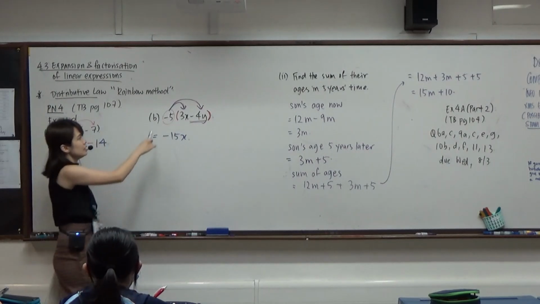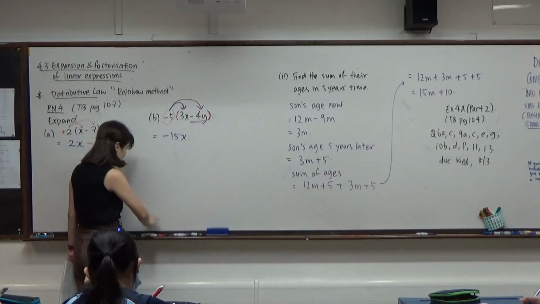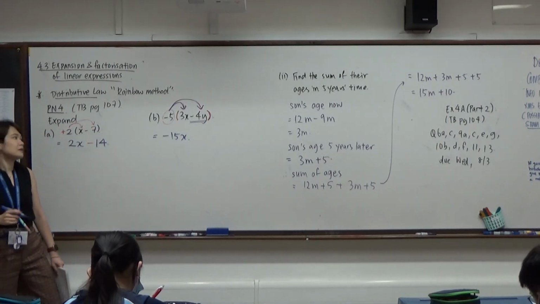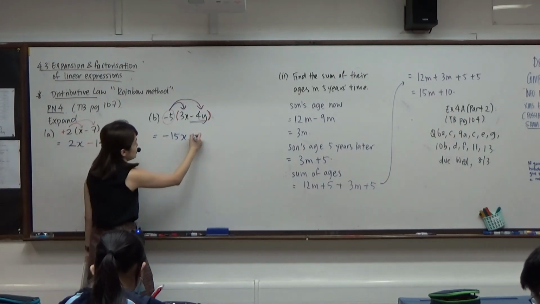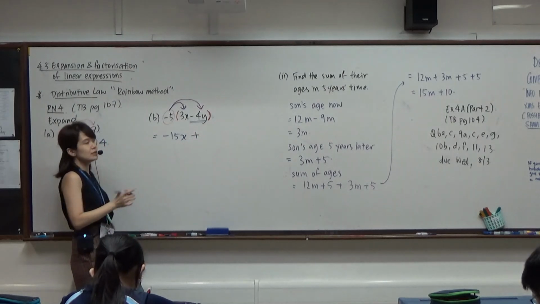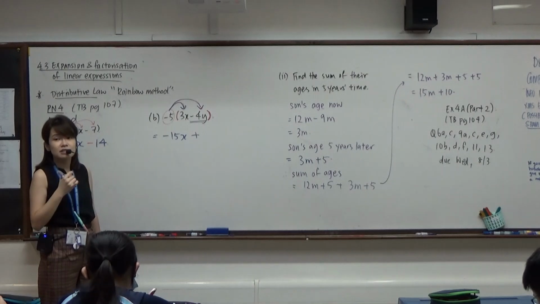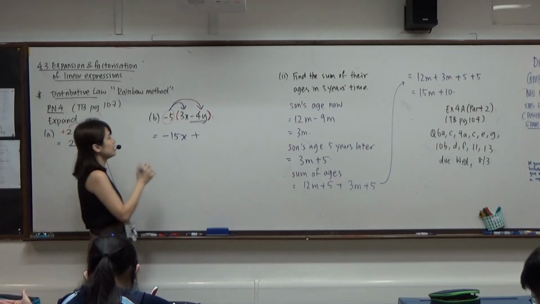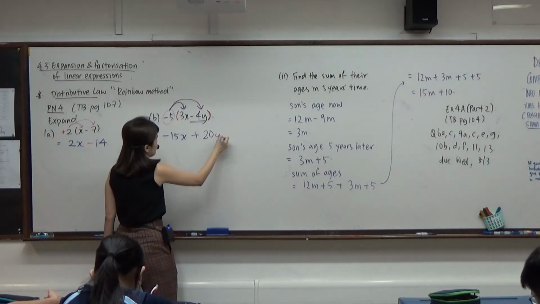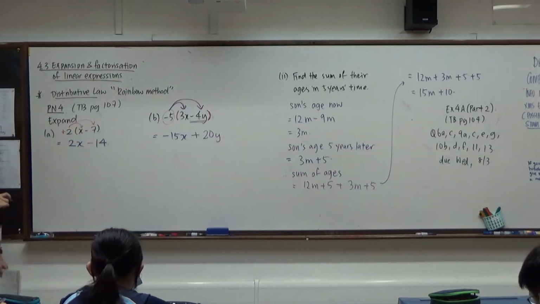Negative and negative gives us a positive, so I will have a plus sign. 5 times 4 gives us, how much is 5 times 4? 20, right? Then we have a y. So the answer will be negative 15x plus 20y.